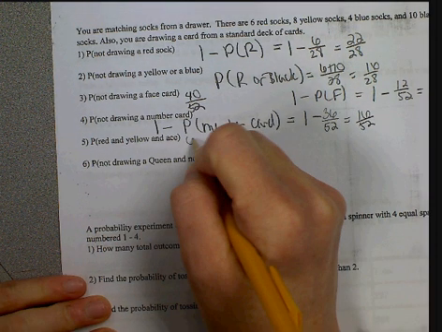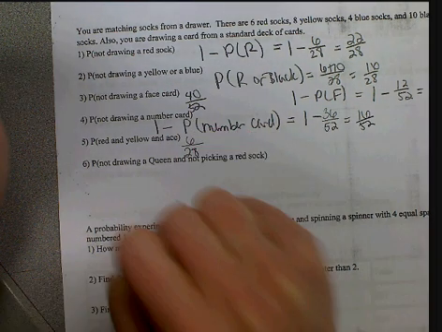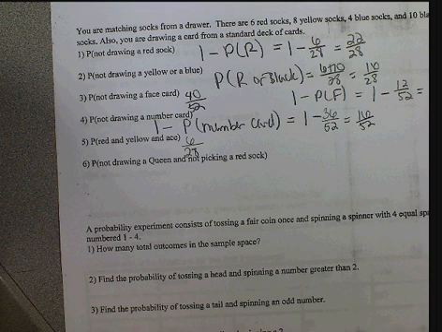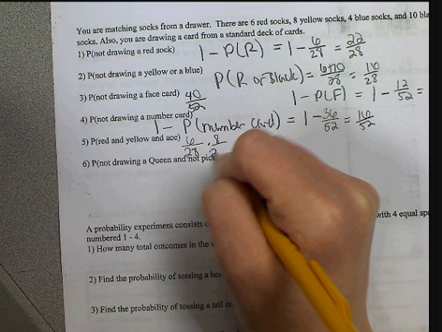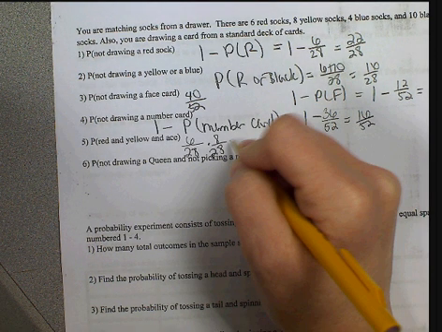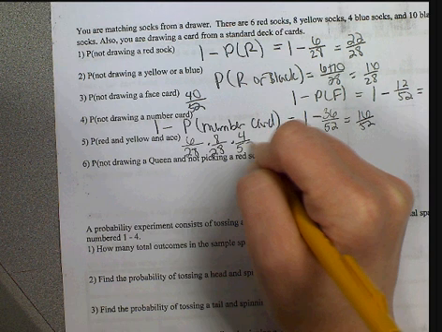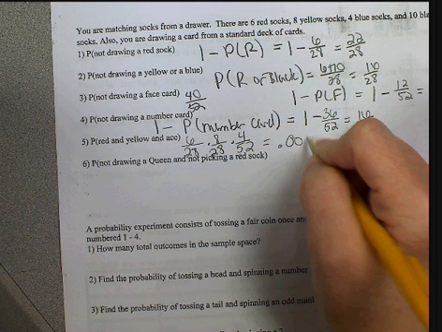There are 6 out of 28 red socks. What would be the probability of drawing a yellow sock out? Well, there are 8 out of 28 yellow socks. And how many aces are there? 4 out of 52. So you type that in your calculator, you're going to end up with 0.0047.